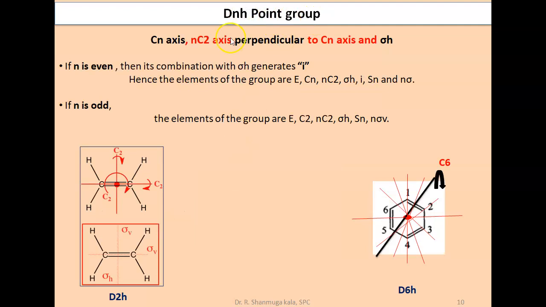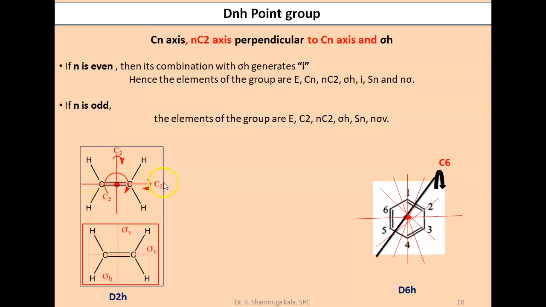And the DNH point group. The molecule has a CN axis, N number of C2 axes perpendicular to the CN axis, and also sigma H. If N is even, then its combination with sigma H generates i, the center of inversion. For example, when we take D2H, N is even, so we have more C2 axes in a molecule like ethylene.